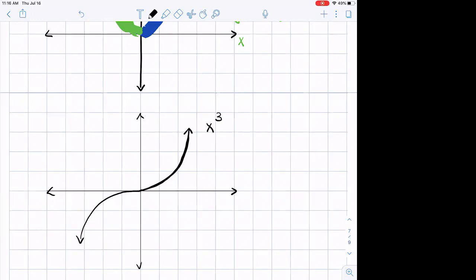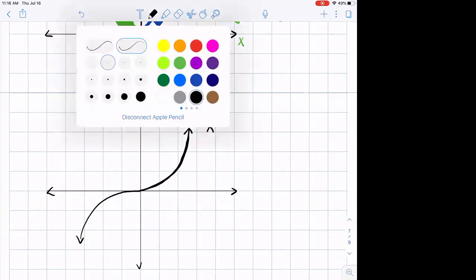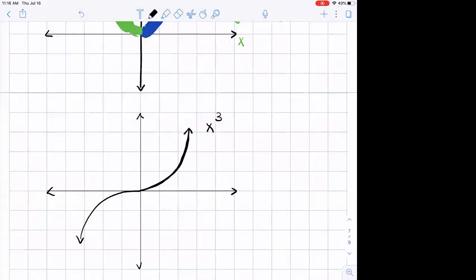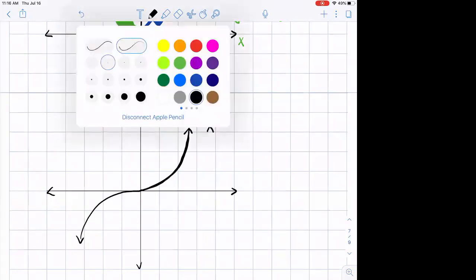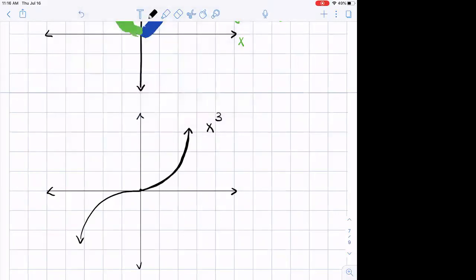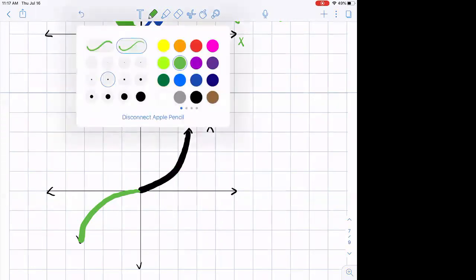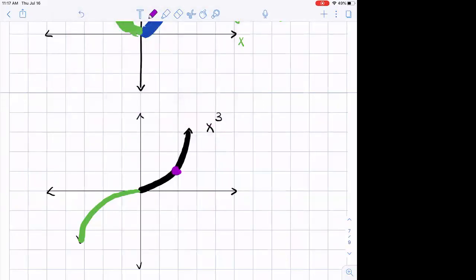This graph has what is called origin symmetry, because once again, this side of the graph looks very similar to this side of the graph. So this point here, let's say that's the point 1, 1, and I'll make it up.